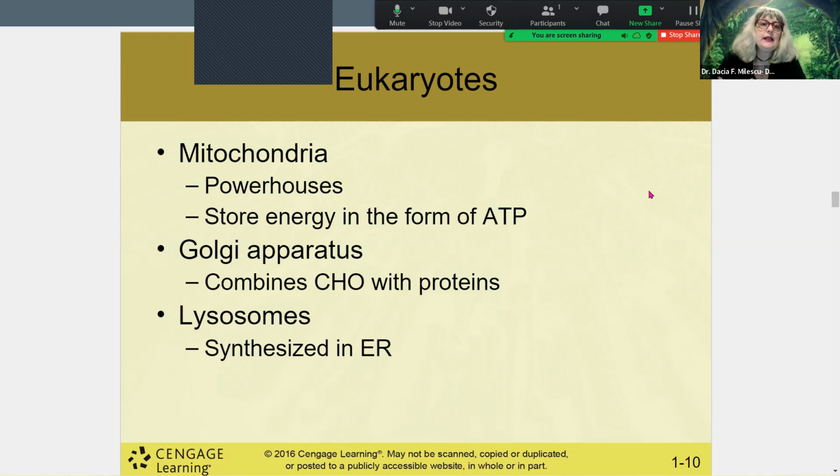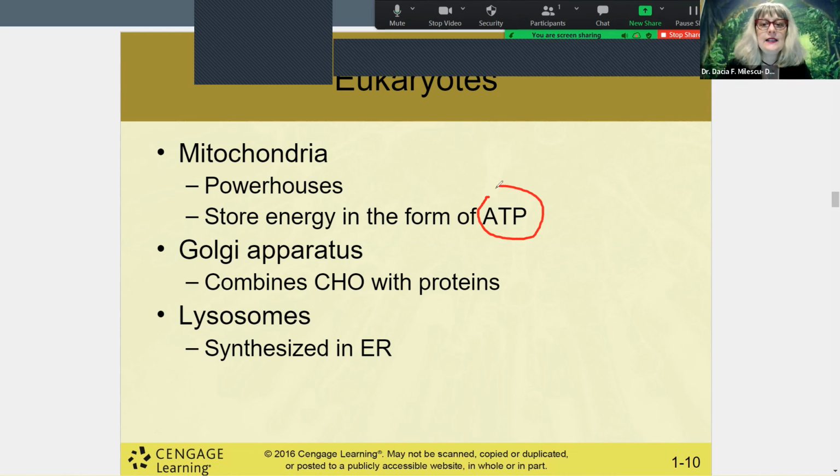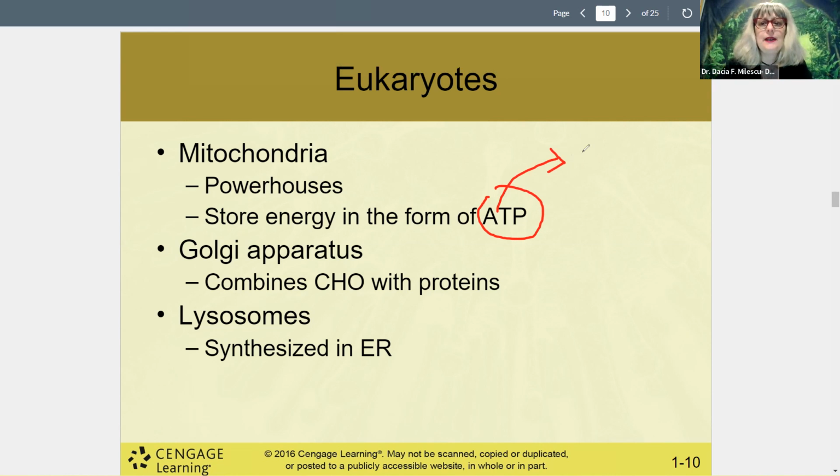Well, it is. It really is the battery of the cell. Remember it that way. ATP is called adenosine triphosphate, and it is a very large molecule that assists in creating the energy needed, the fuel needed for the cell.